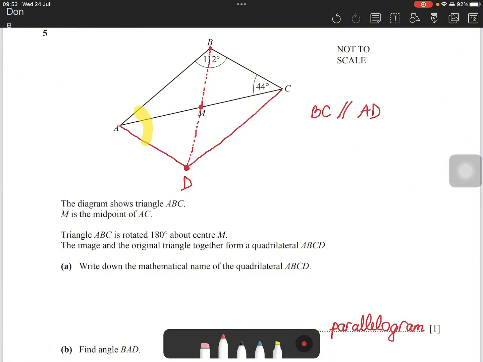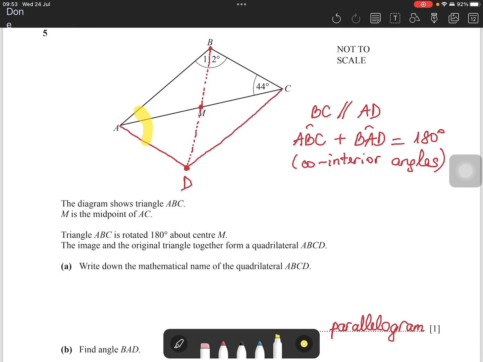And this means that the angle ABC and the angle BAD should add up to 180 degrees because they are co-interior angles. Co-interior angles add up to 180 degrees. If you notice that, you see BC is parallel to AD and this is a transversal.